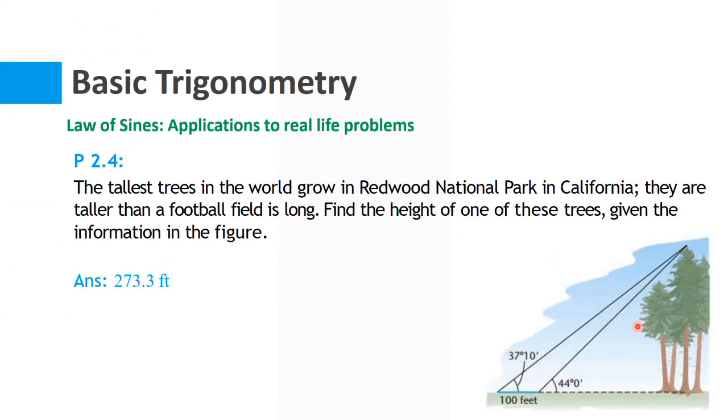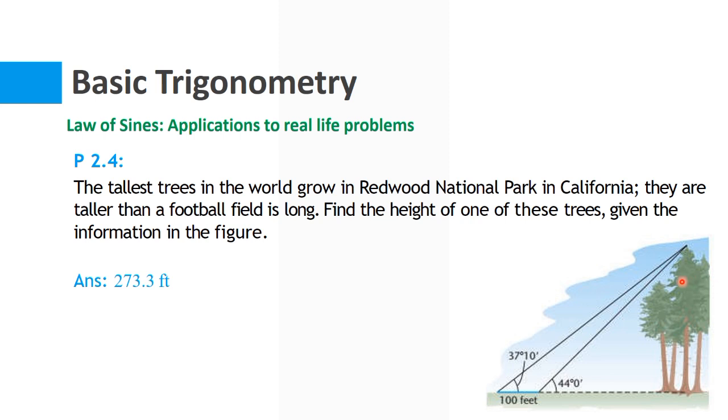Then this is another problem which shows a practical application of the law of sines. The tallest trees in the world grow in Redwood National Park in California. They are taller than a football field is long. Find the height of one of these trees given the information in the figure.